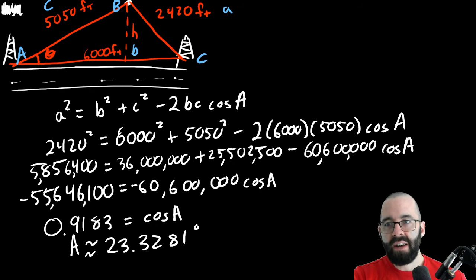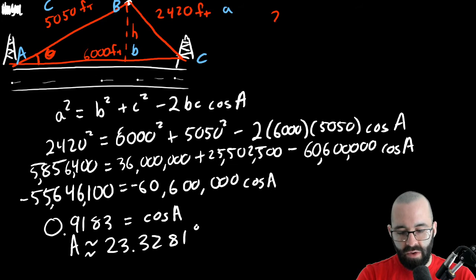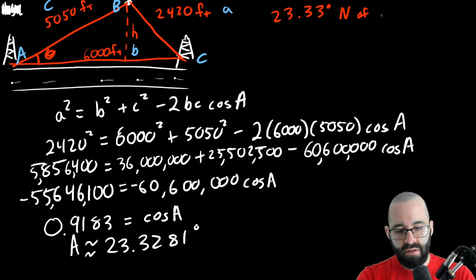Well, it's 5,050 feet from the first one at an angle of 23.3 degrees north. That's going to be our answer. So 23.33 degrees north of east from the first tower.